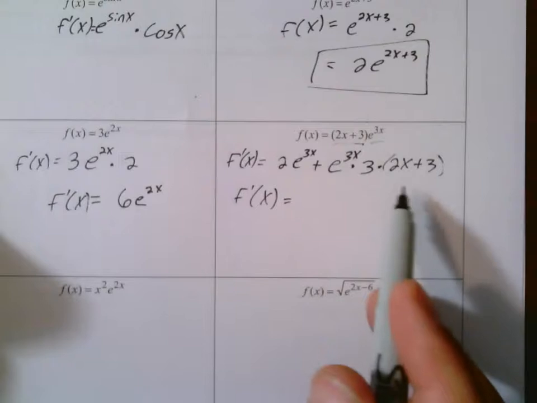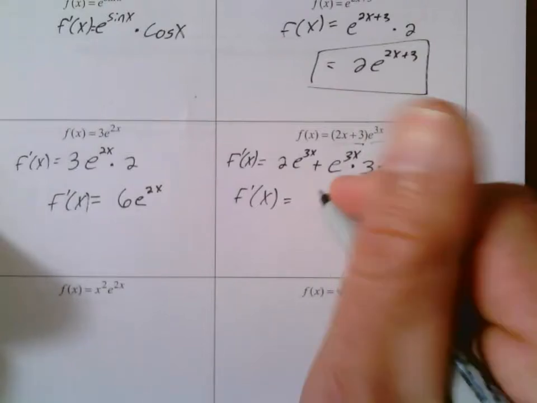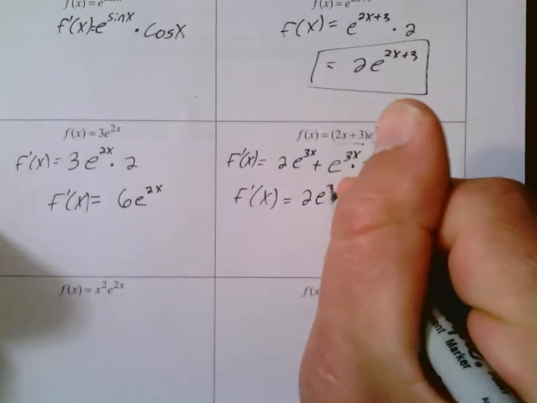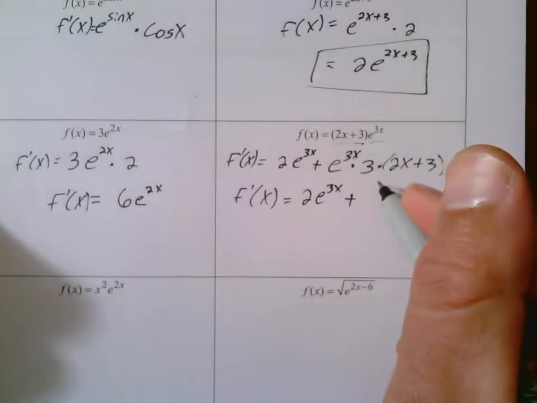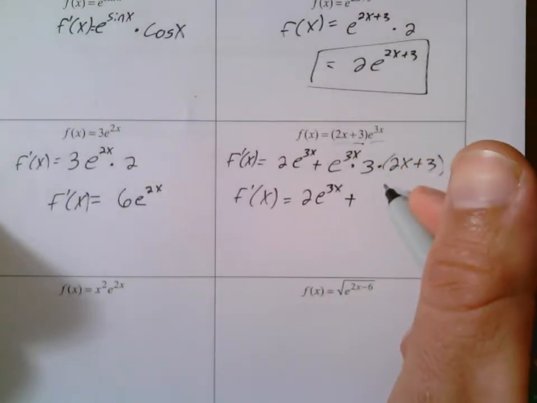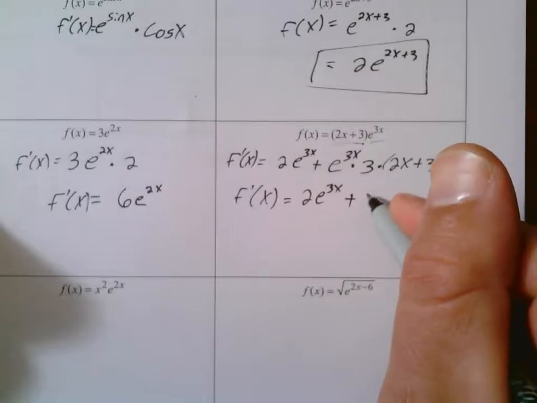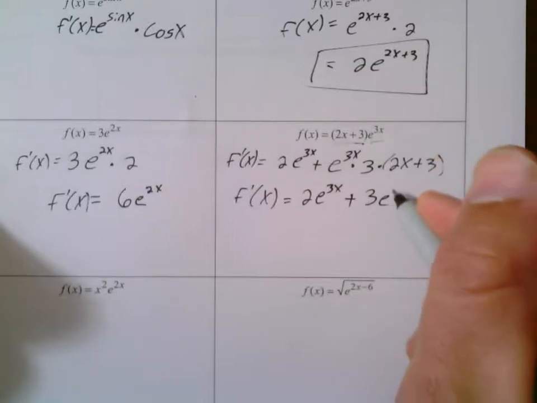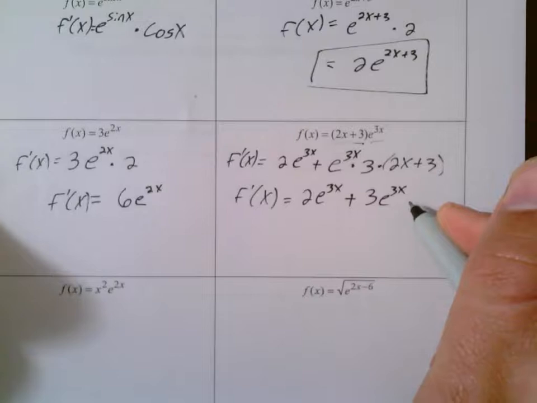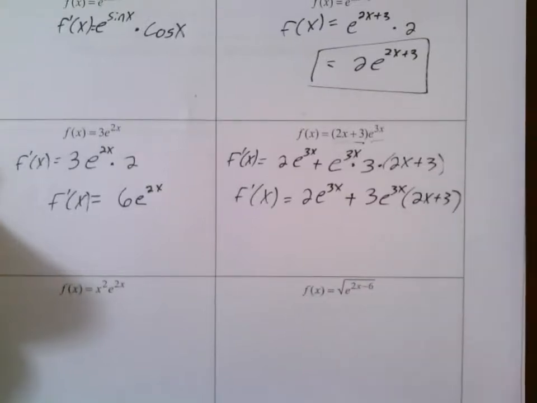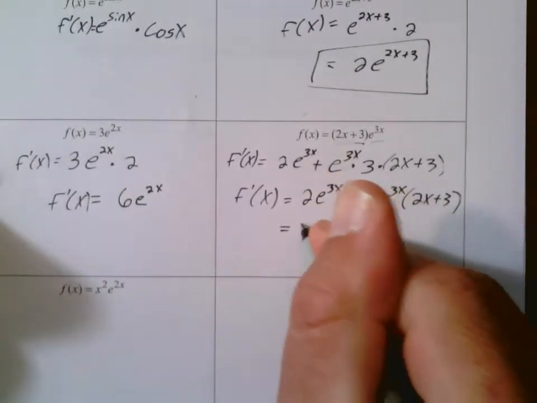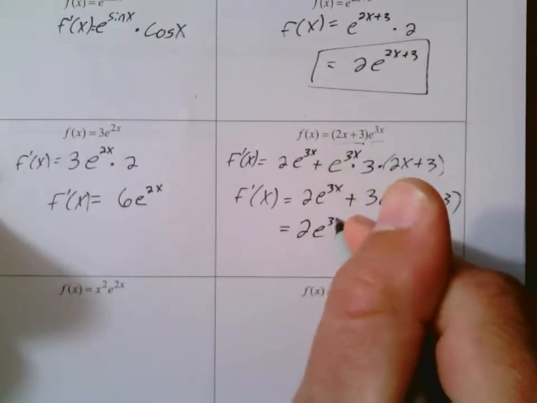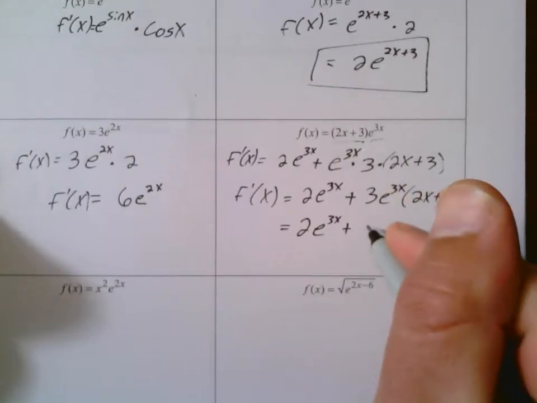We can clean this up a little bit, giving you 2e to the 3x plus 3e to the 3x times 2x plus 3. So you're going to have a like term right here. I wouldn't count off on it, but I hate to leave two of the same term anywhere.